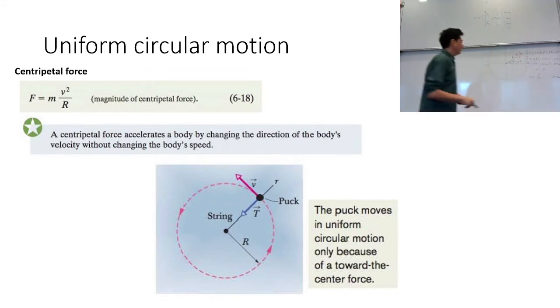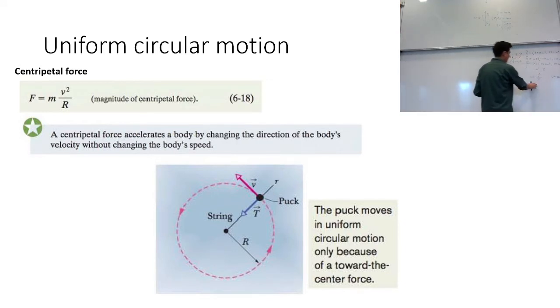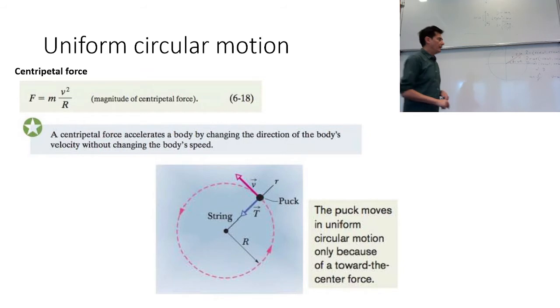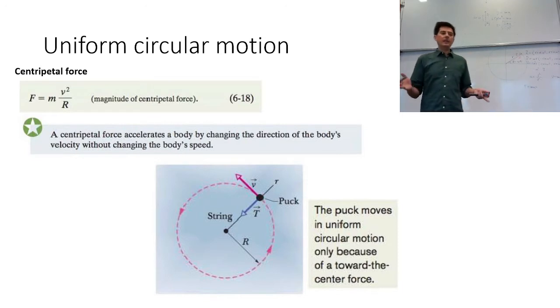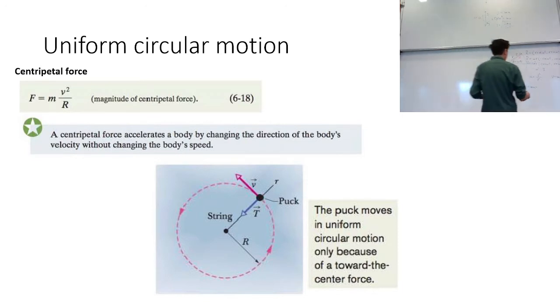We could eliminate omega in favor of v, and then we got this formula saying a equals v squared over r. So we could just use Newton's law and basically say the same thing, but in terms of forces. So just in terms of forces, it's m v squared over r.